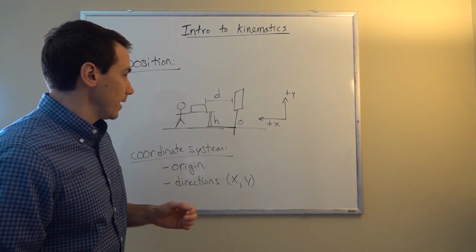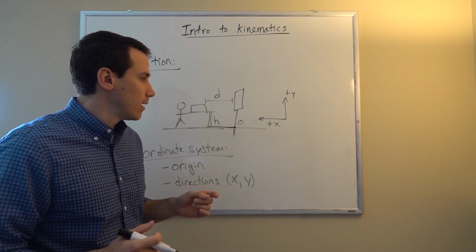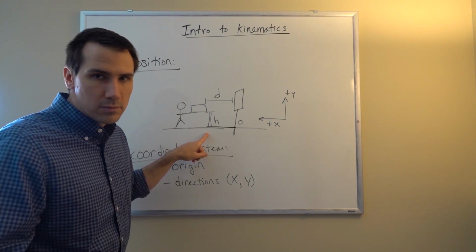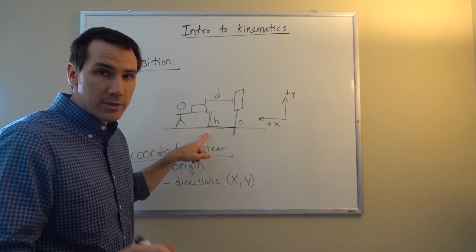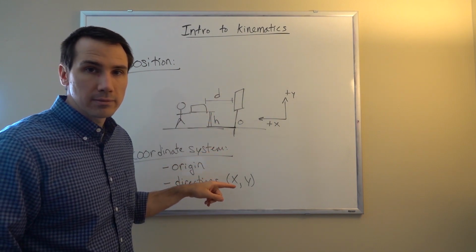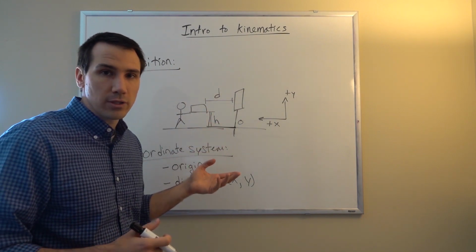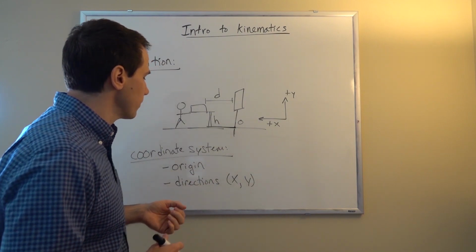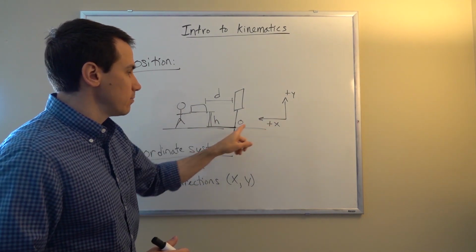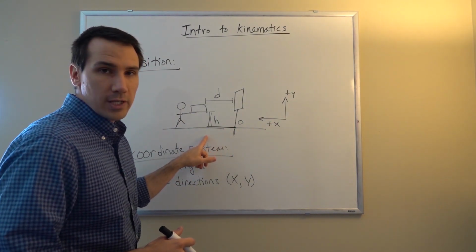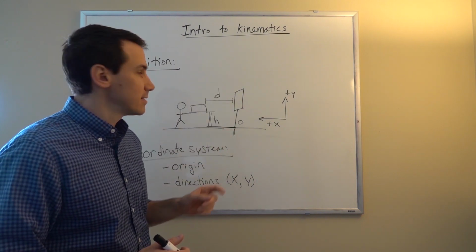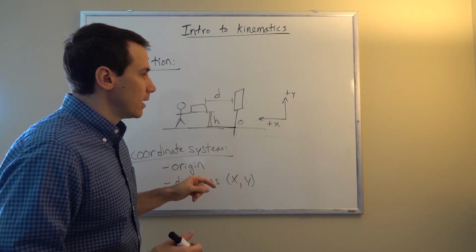So you would say, okay, to get to the pen, I need to move to the left d distance, say 2 meters, and I need to move up 1 meter, which I've called h here. So h is 1 meter, for example. So then these positive signs, you can say, okay, that's moving in the positive x direction for a distance of d, and moving in the positive y direction for a distance of h.